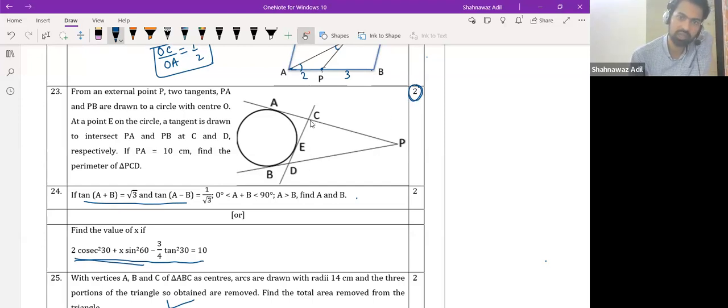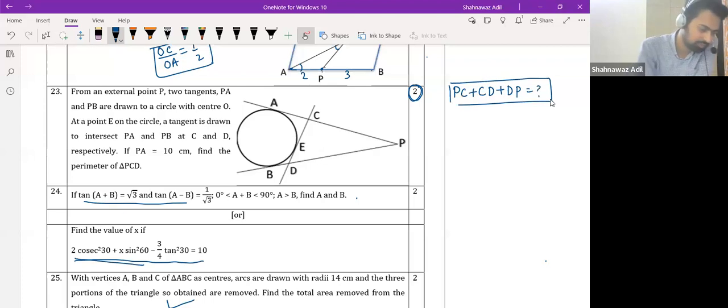This is from the circles part, and you have to find the perimeter of PCD. So perimeter of PCD is PC plus CD plus DP. This you have to find out. And Shaima already knows the answer, so this question is not for Shaima, right, Shaima? Yes, sir.